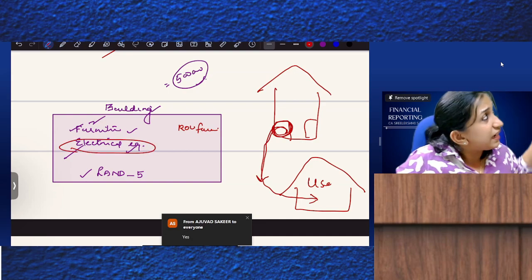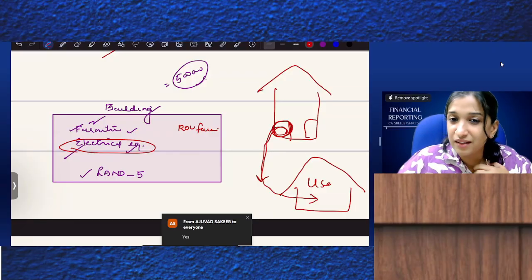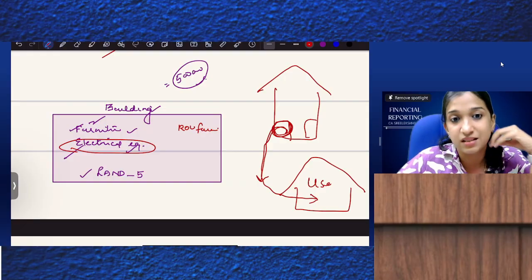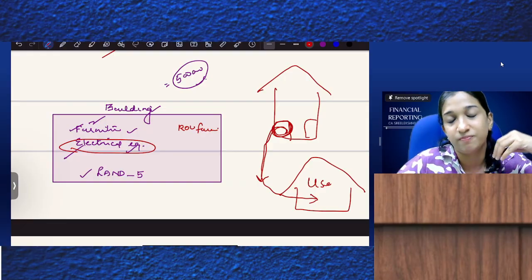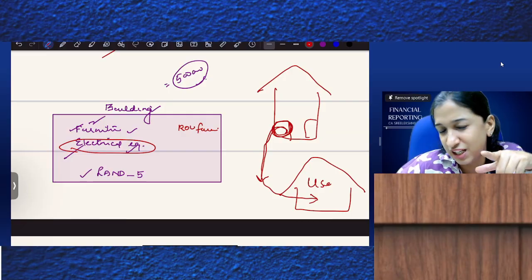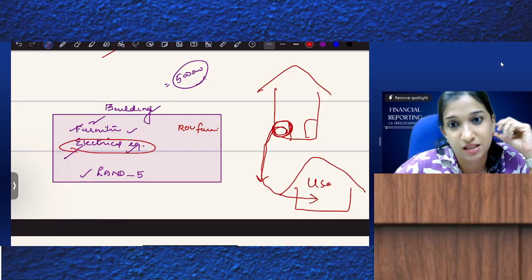Electrical equipments, there are ACs, fans, other electrical equipments. Can you take it out and get the benefit independently? Yes. If that is the case, you should separate. But sometimes it is a centralized AC, in your study material the HVAC system, heating, ventilation, air conditioning system.